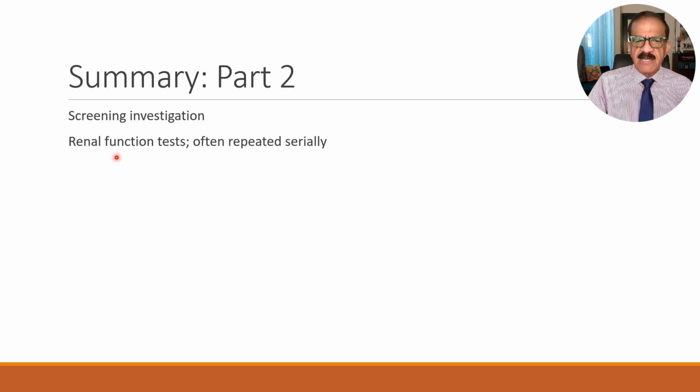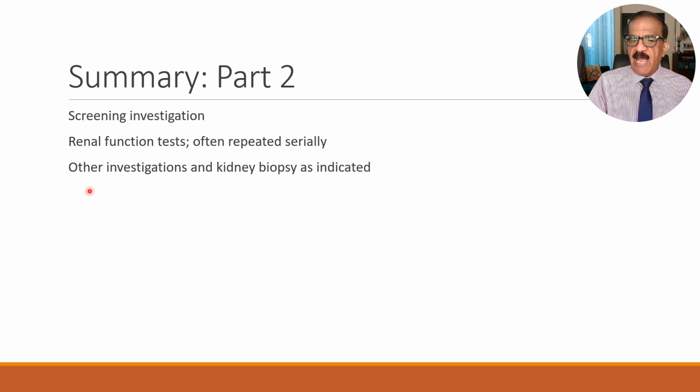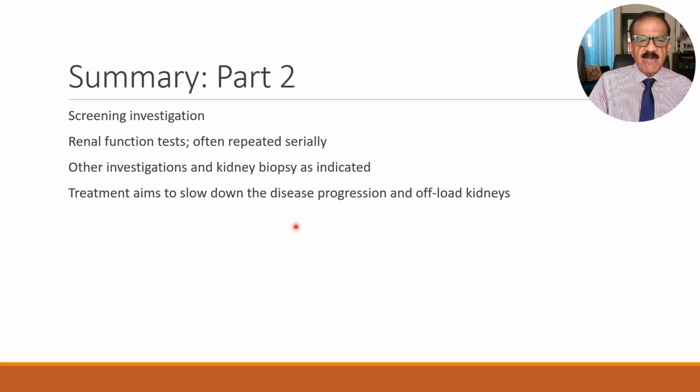Renal function tests are done when this is positive, and they are often repeated periodically, maybe every 3 months, maybe every 6 months, depending upon the tempo of the disease when you're treating, because you have to know if the patient is improving or otherwise. Other investigations and kidney biopsy as needed. So treatment aims basically to slow down the disease progression and also to offload kidneys. But in some cases, ultimately kidney transplant may be needed.